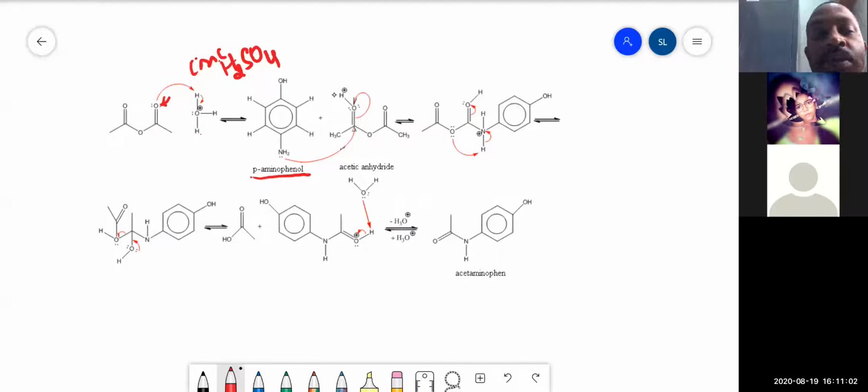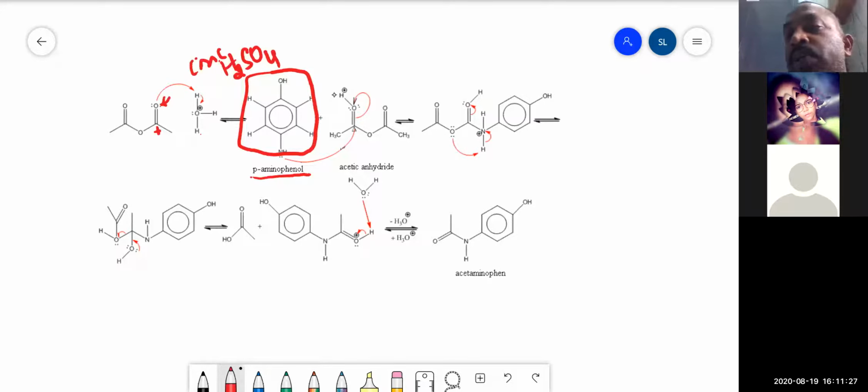So thereby this gets a partial positive charge. Okay, and the amine group which is present in the para-aminophenol has got a lone pair of electrons.